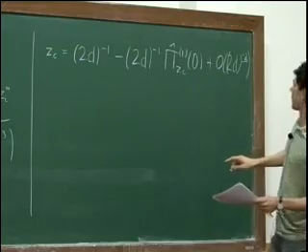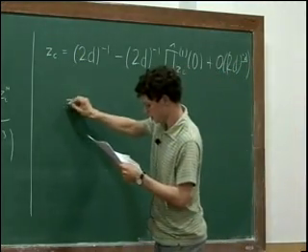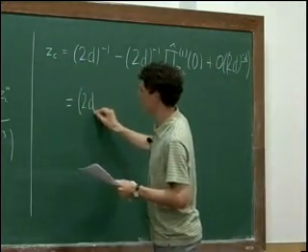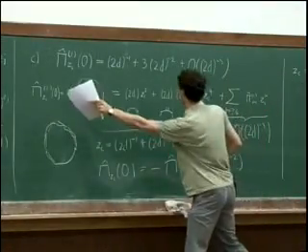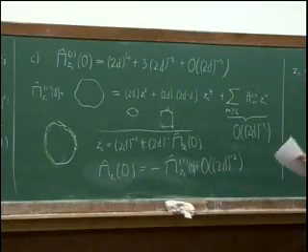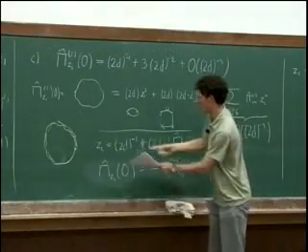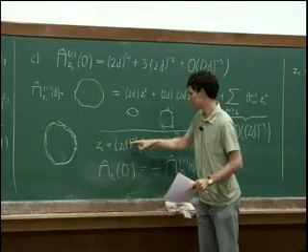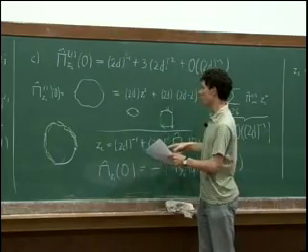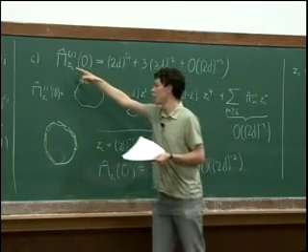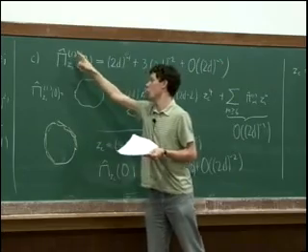So now we can plug in what pi 1 is, so we have a formula. We use the formula that ZC is (2d)^-1 plus O((2d)^-2). Plug that into here to get a formula for pi hat 1.